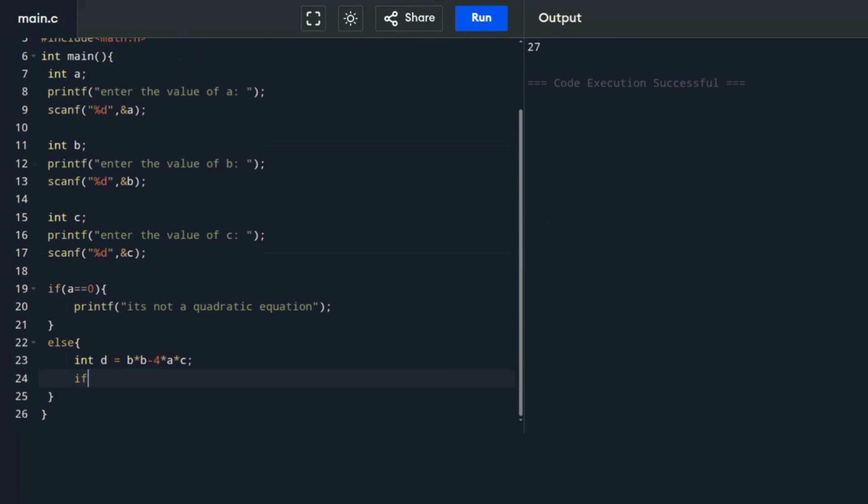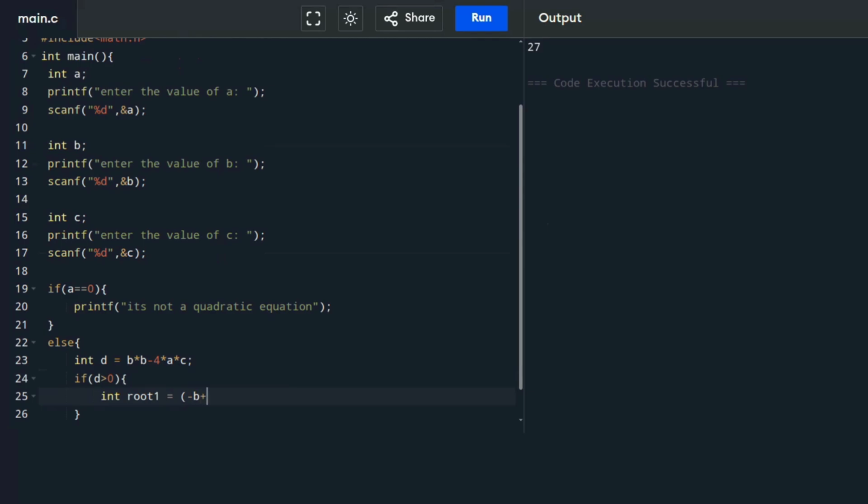So if d is greater than 0, which means the discriminant is greater than 0, printf. Just a second, int root 1. So my root 1 is minus b. I'm writing here the main quadratic formula, which is minus b plus minus, so I'm taking the plus sign here.